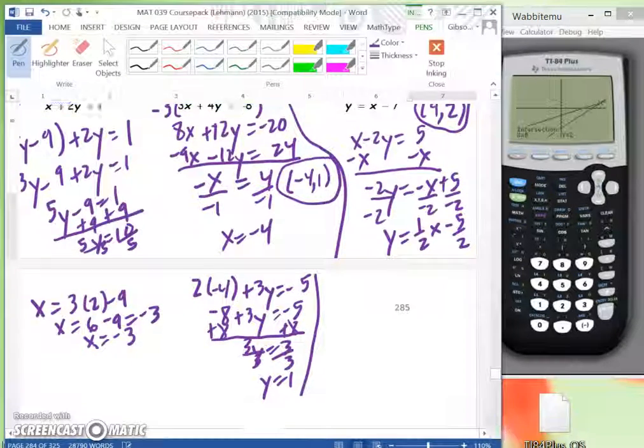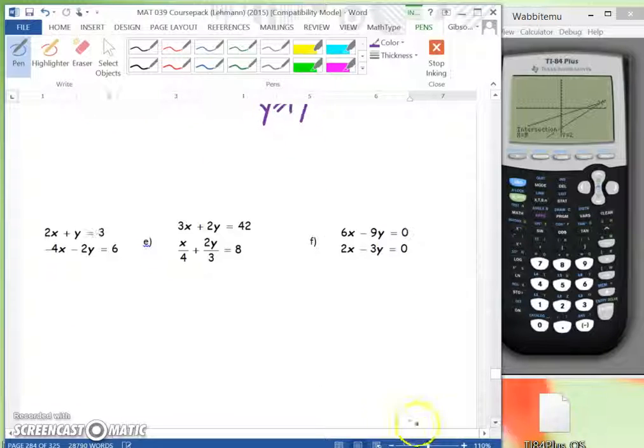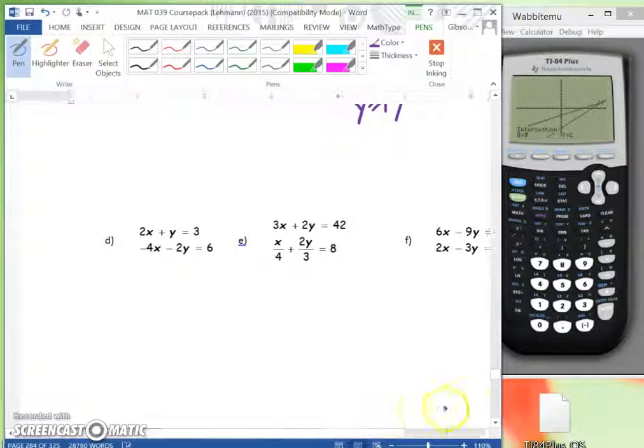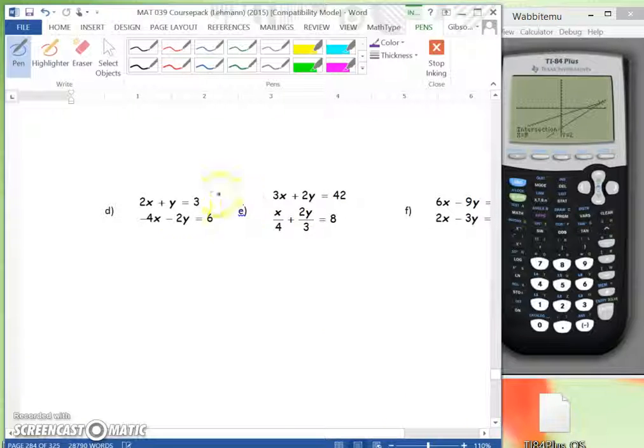Now we scroll down. We have a few more of these. We have D, E, and F. Now D here, if you notice, we have opposite signs for the x's and y's. This time I'm going to get rid of the x's. The common coefficient of these two would be 4.